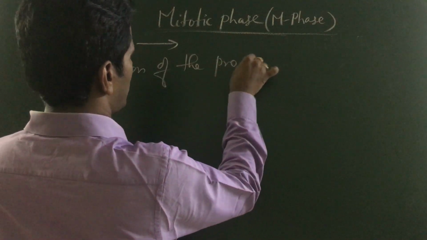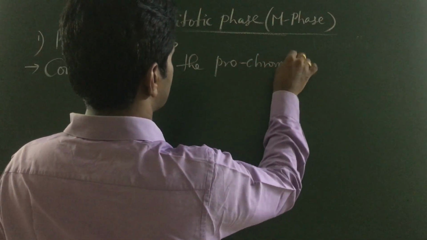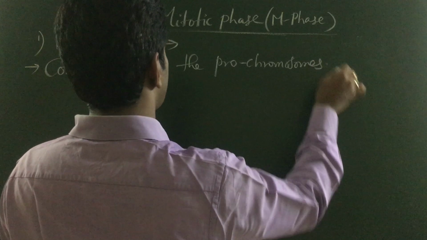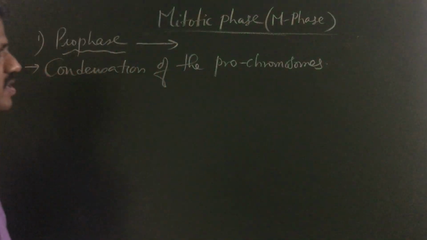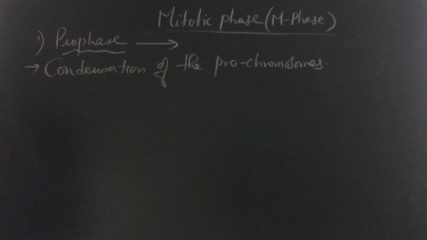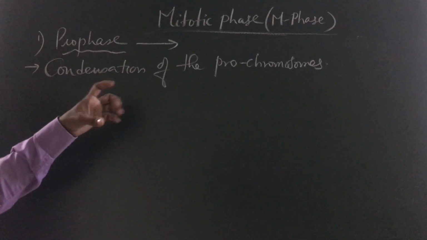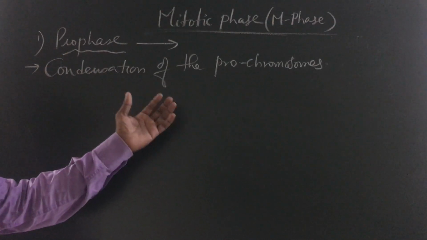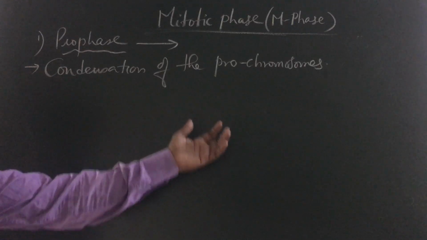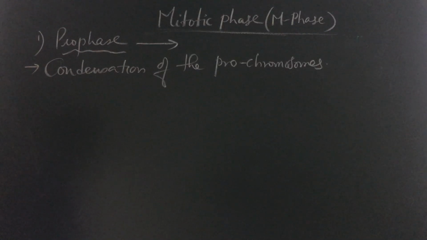That means they are not completely formed as chromosomes. If they condense and become a complete chromosome, thick and short, we call it a chromosome. Before that, the chromatin material we call prochromosomes.